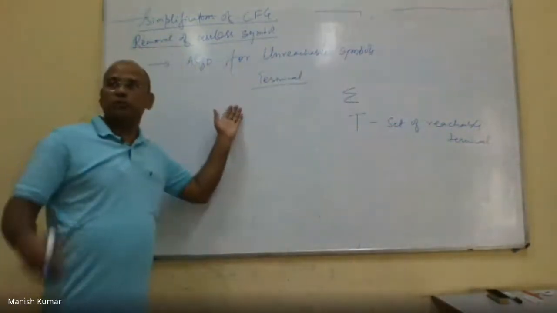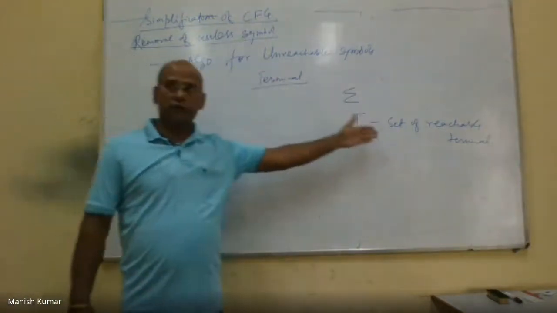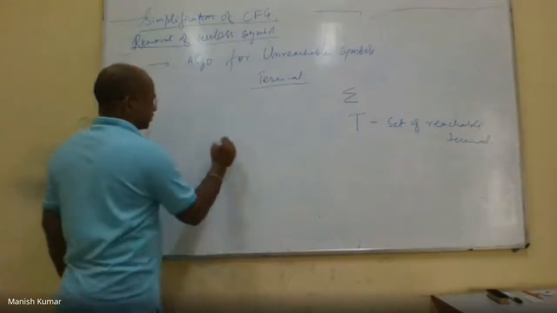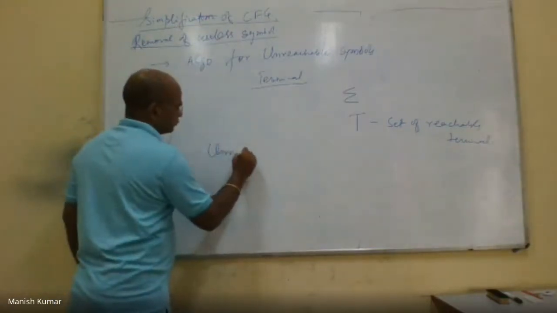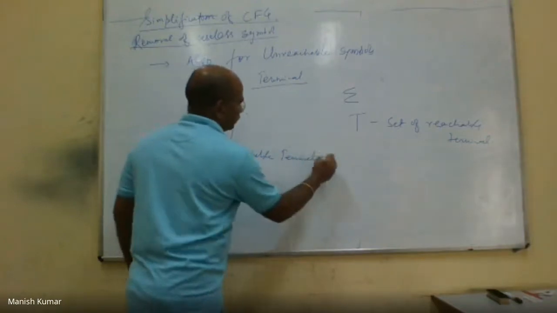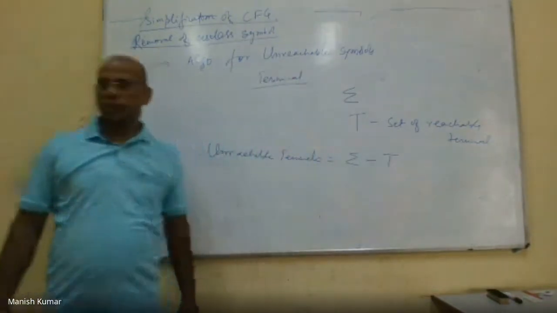The same algorithm will carry on as in the case of non-terminals, and at last the unreachable terminals will be nothing but sigma minus T, isn't it?